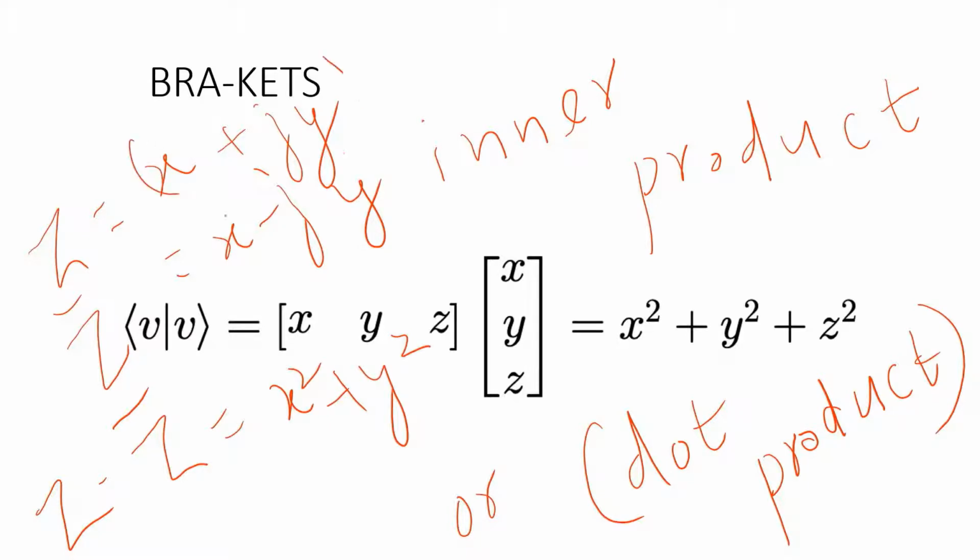Here you are applying just a plus b into a minus b. A plus b into a minus b is a square minus b square. Here, j square will come, so that's why this becomes plus.